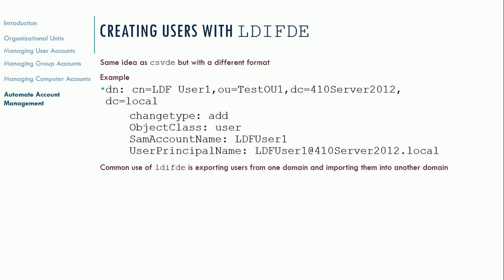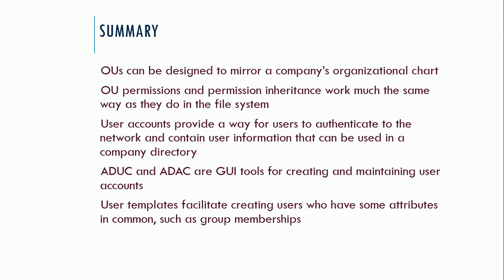The CSV tool would allow you to import and create user accounts from, say, a spreadsheet, but LDIF allows you to read the user account information from one server and then write it into the other server. Where this is nice is if you have a common schema, a lot of those properties that we talked about in managing user accounts can also be automatically transferred when you use the LDIF command. It's a little bit easier.